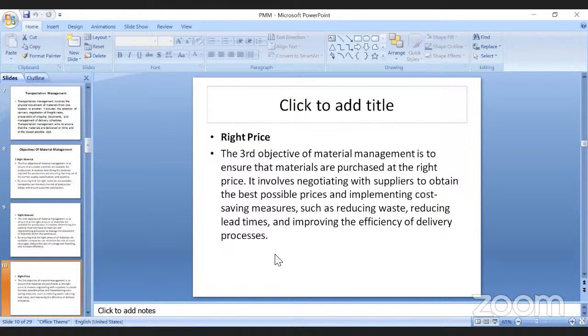My point is this: when we are purchasing any item from different suppliers, all that kind of materials are available with the suppliers. When we are purchasing material according to the fulfillment of the organization, we have to negotiate with the suppliers, choose accordingly, and buy at the best possible prices. That means we are reducing waste.